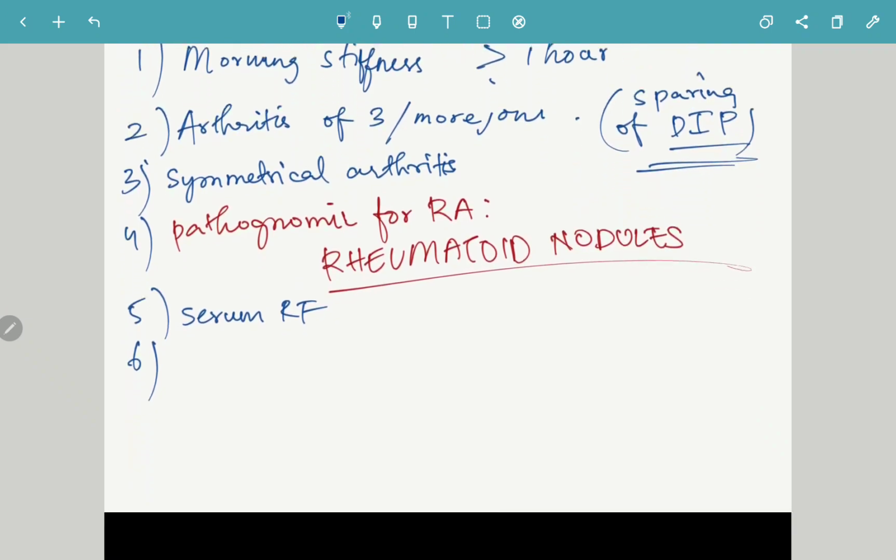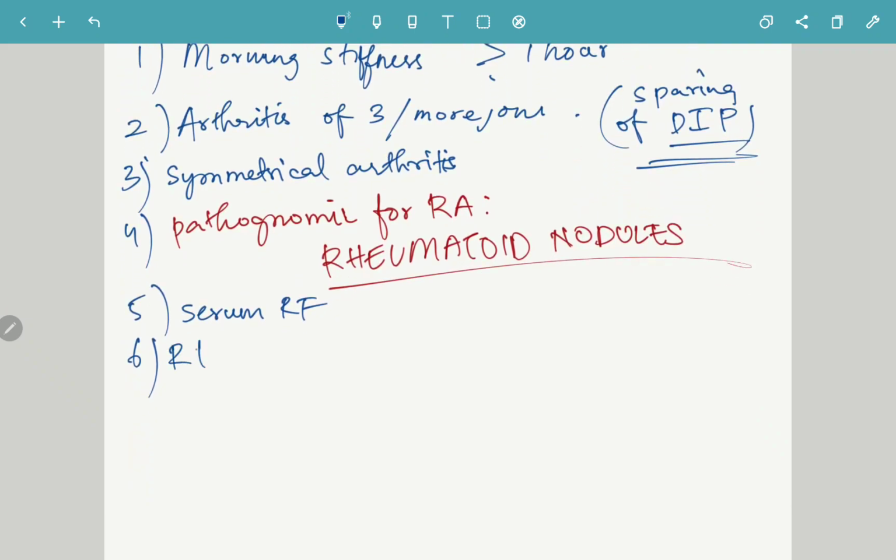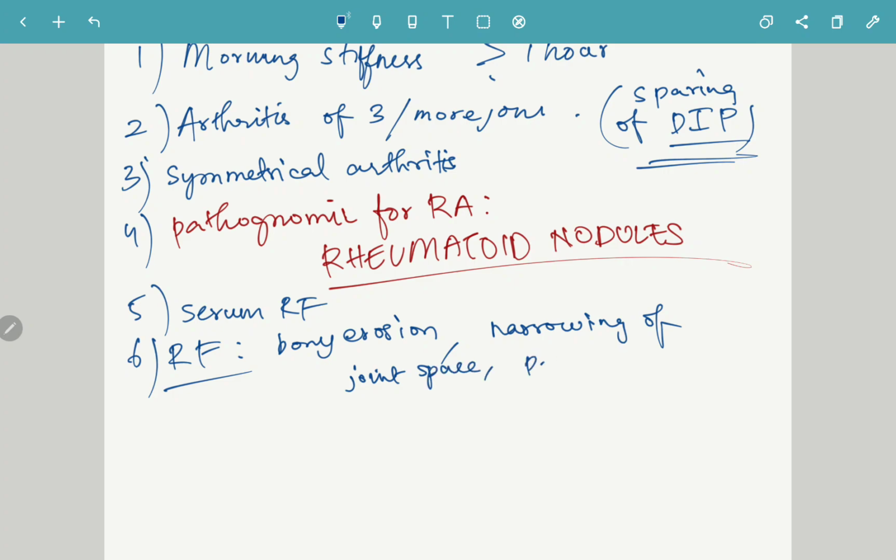The sixth criterion is certain radiological findings such as any bony erosion, narrowing of joint space, or any kind of periarticular osteoporosis, all of this.